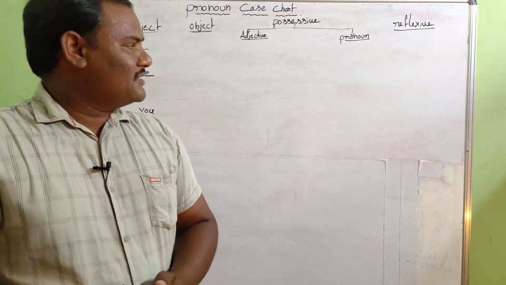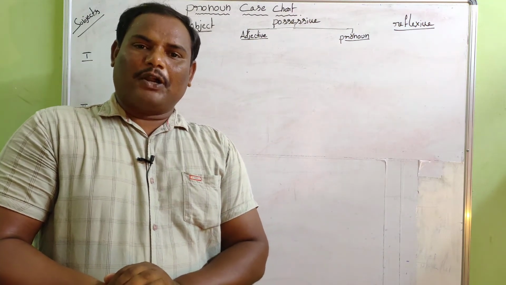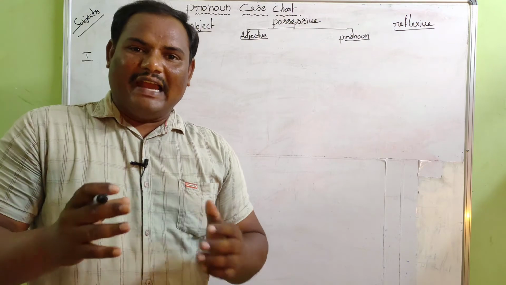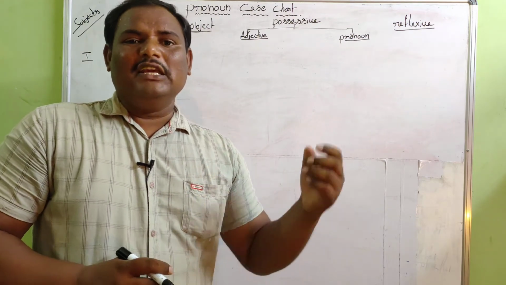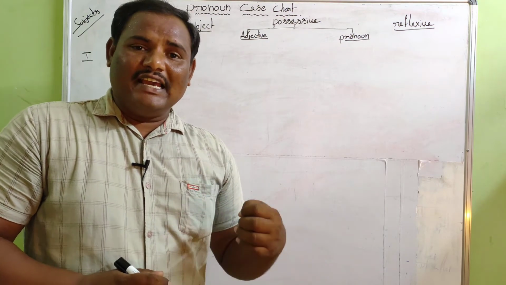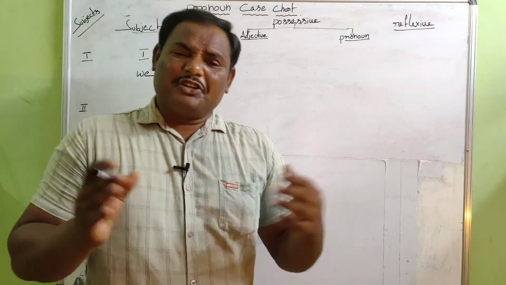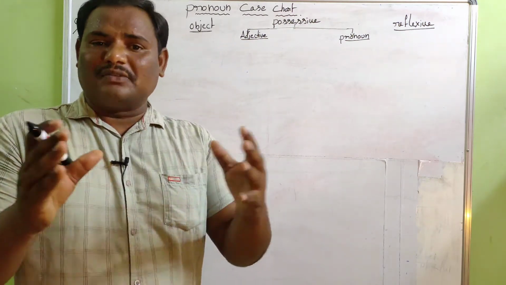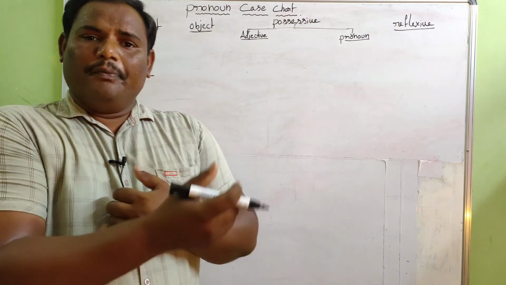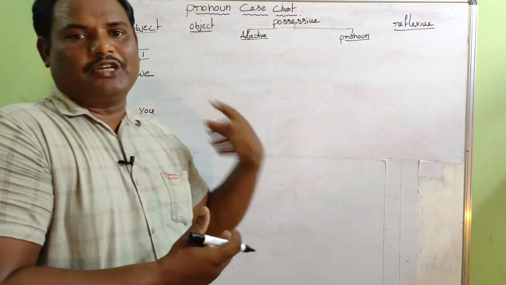Let us go to the last element, reflexive pronoun. Dear friends, reflexive pronouns are the pronouns that end in self or selves. In other words, reflexive pronouns are the pronouns which put much emphasis on the subject.